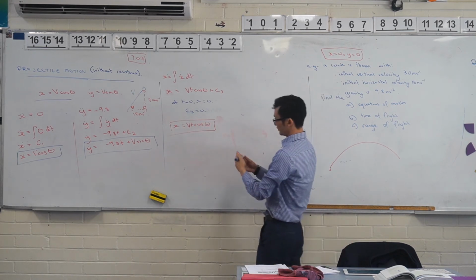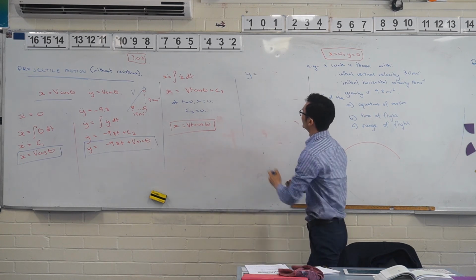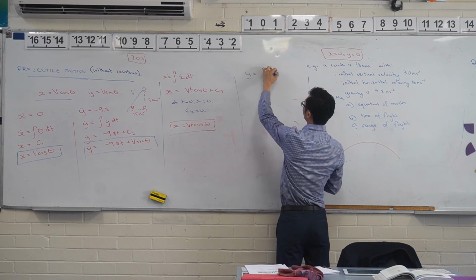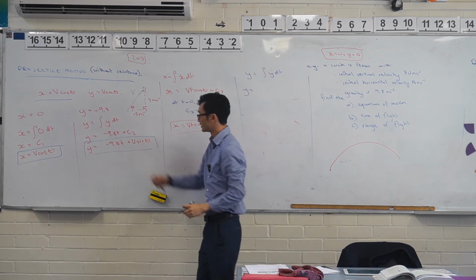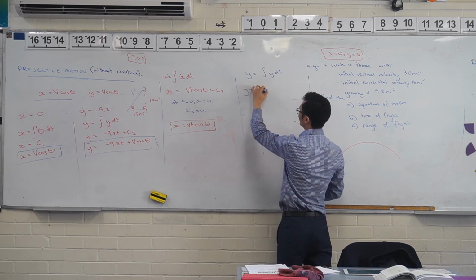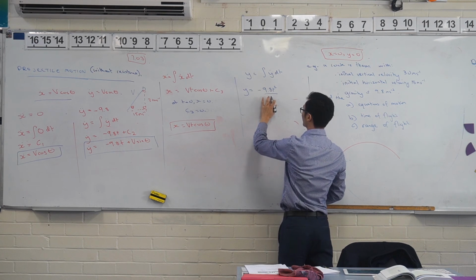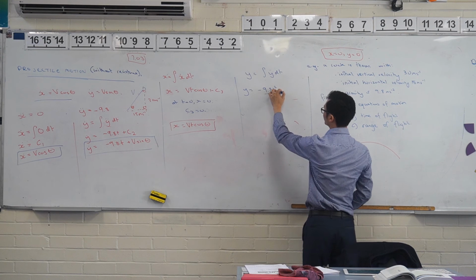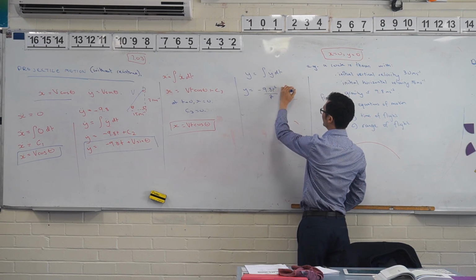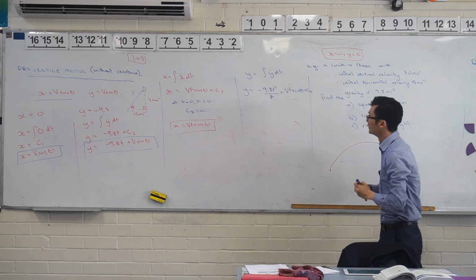And same thing with my vertical displacement. So we've got the integral of y dot dt. So I'm going to integrate this expression now. Just be careful with this one. We're integrating with respect to t, so we are going to have our expression here, with the variable already there, plus C4, don't blow it up.